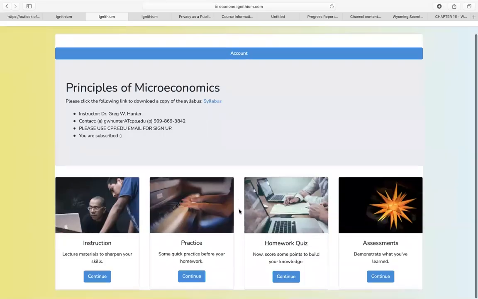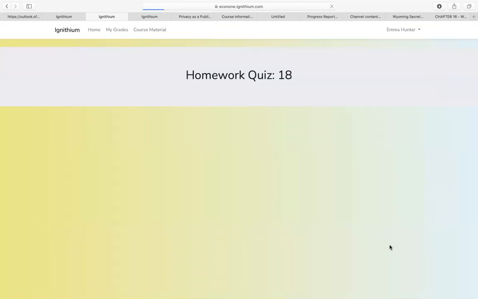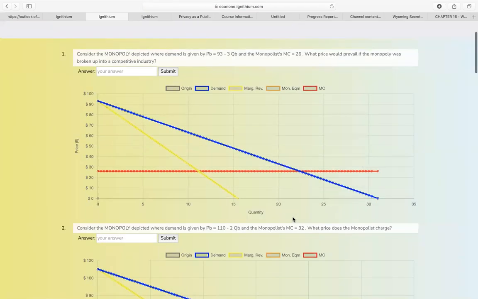Let's go to Ignition and take a look. Okay. So here's Ignition, and here's the homework quizzes, 18, and here's number 1.